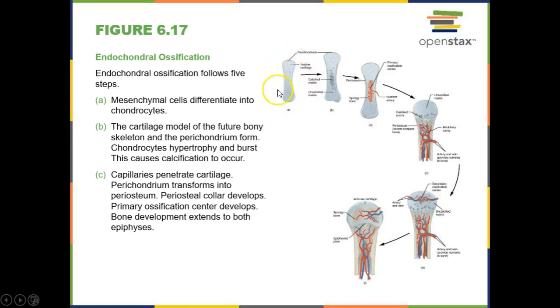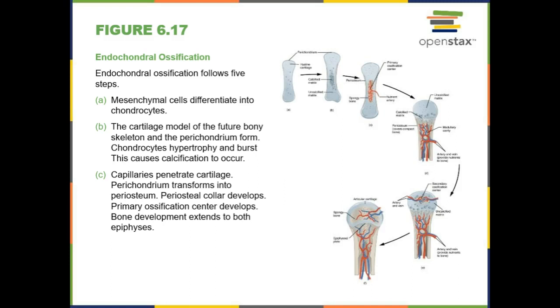And so that's what this is here, just showing that cartilage skeleton. When you have this cartilage skeleton, some of the cartilage in the structure will start to hypertrophy. So as they're growing, they start to get too large and they will burst. And that bursting releases chemicals. Those chemicals cause calcification.